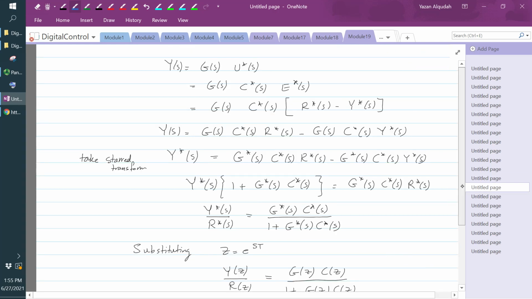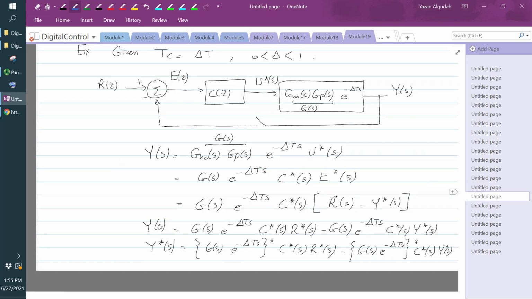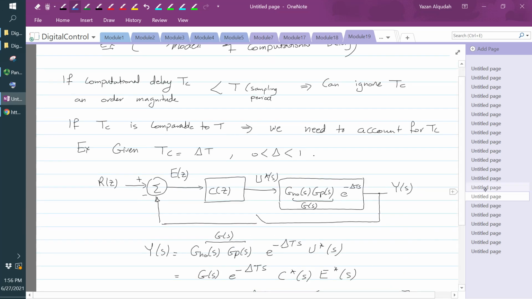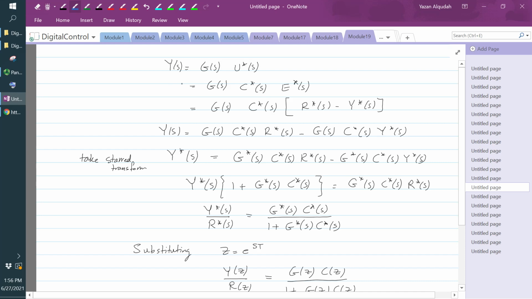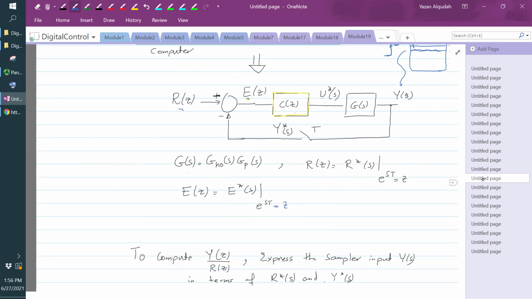Y of S is equal to G multiplied by U star of S. But U star of S is equal, oh sorry, C of Z that I took out is the filter. C of Z is equal to C star of S with e to the ST equal to Z, the filter.